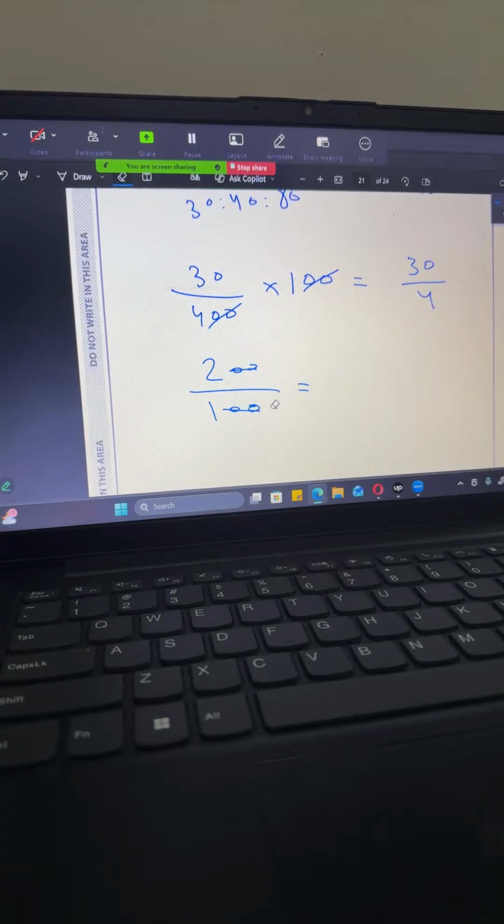In this case, we have 30 multiplied by 100. What does that equal? It's 3000, right? Divided by 400, isn't it? You cancel out these two zeros and you are left with 30 divided by 4.